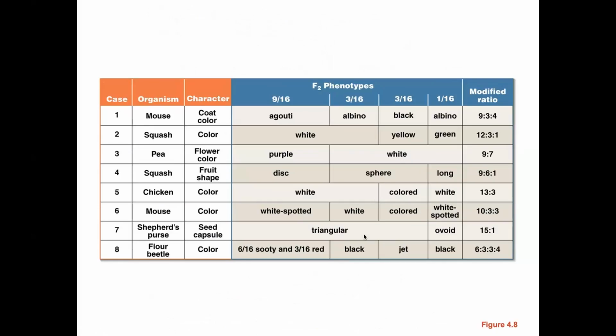So there is one other example in this table here, and I just want to mention it briefly. So here they were working with the flower beetle. Believe it or not, they've done genetic analysis of the flower beetle. Actually, it's a model organism that's been used in population genetic studies.